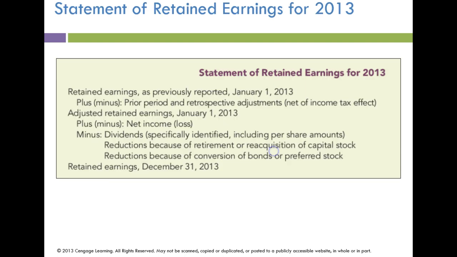Got it? So, in our statement of retained earnings, we're going to add prior period adjustments, and then we're going to have plus or minus our net income, and then we're going to minus out any dividends or any reacquisition of our capital stock, and then potentially converting bonds or preferred stock into capital stock.